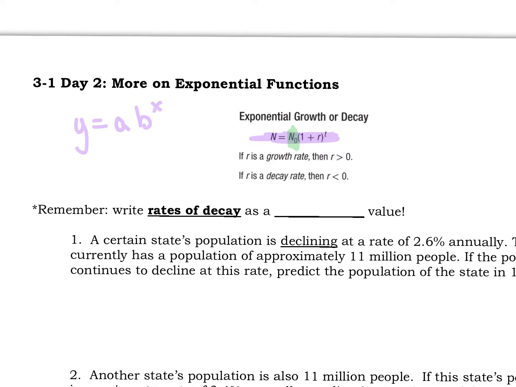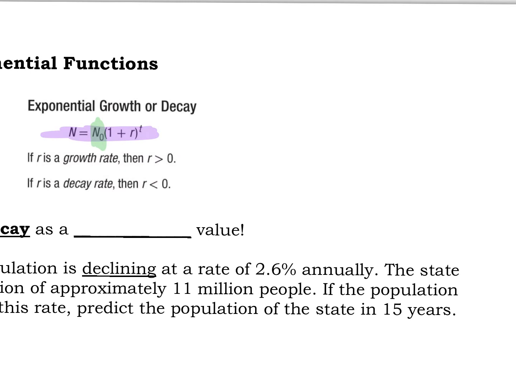For our B value, our B is our growth constant or our decay constant. So B is going to be either equal to 1 plus our rate of change, or B is going to be equal to 1 minus our rate of change. Okay, so that gives us our growth factor or our decay factor.